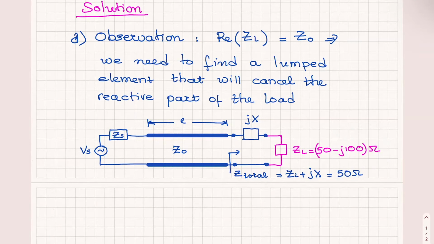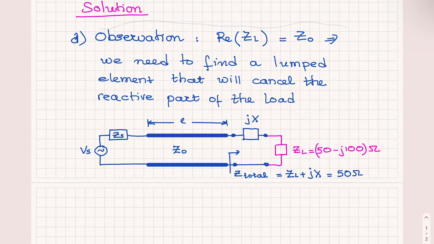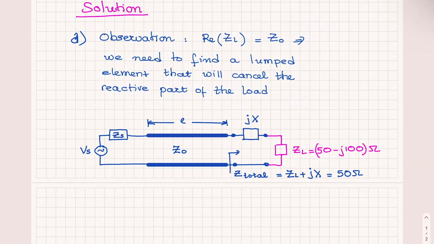So this solution is a very simple one. The reason it's simple is that the real part of ZL is 50 ohms, because of this relationship. Otherwise, we could not do that.